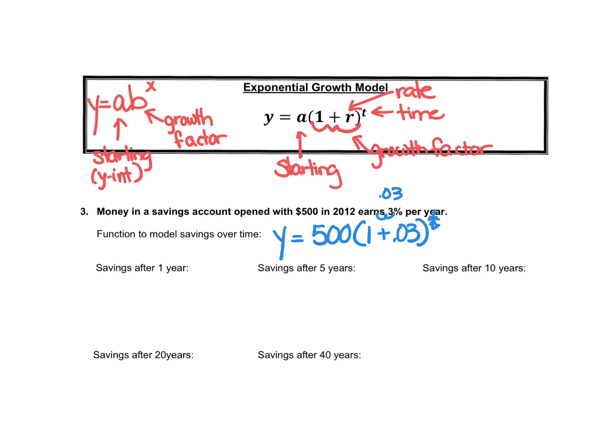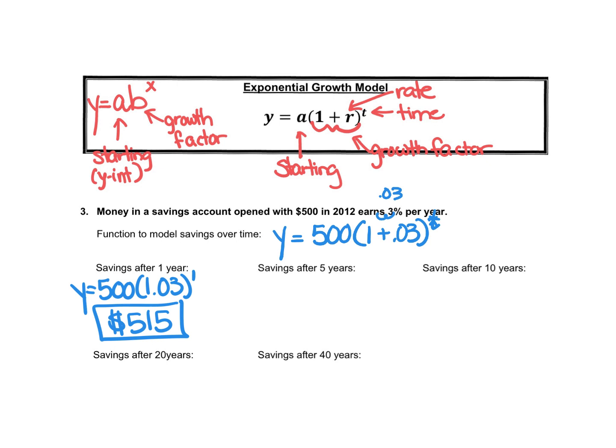So after 1 year, we're going to have y is equal to 500 times 1.03 to the first power, and we will end up with $515.